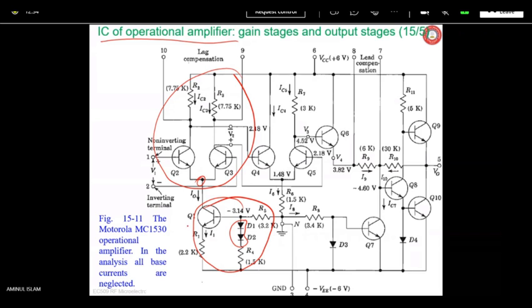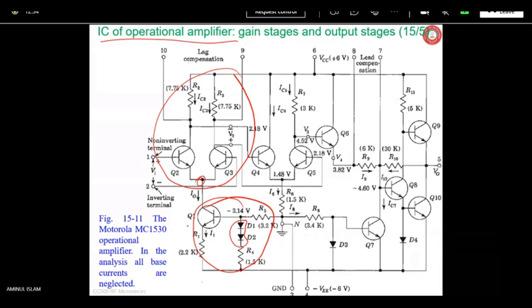Sometimes in the symbol, plus sign is always given, minus to indicate inverting and non-inverting. The negative supply is given here, like VEE or VSS, minus VSS, minus VCC. And pin number 8 is null offset, and pin 6 is output voltage, this one.